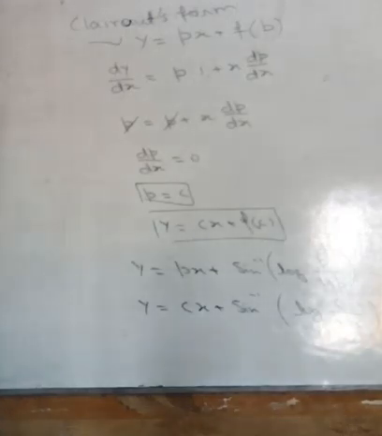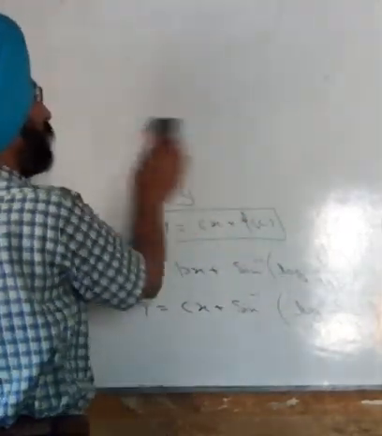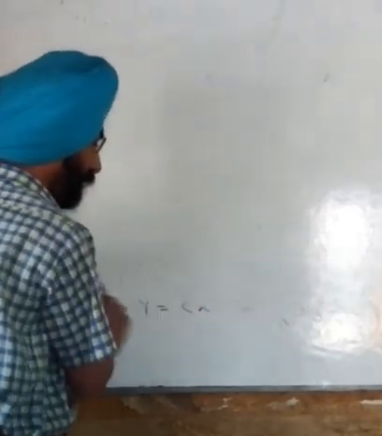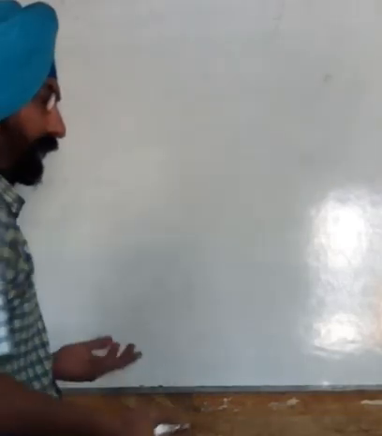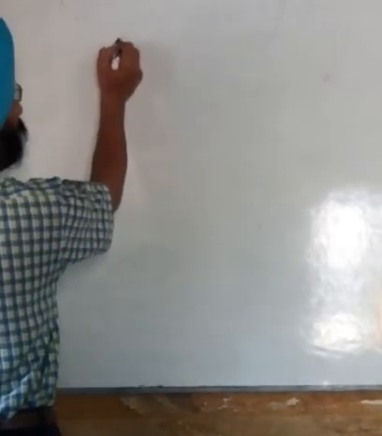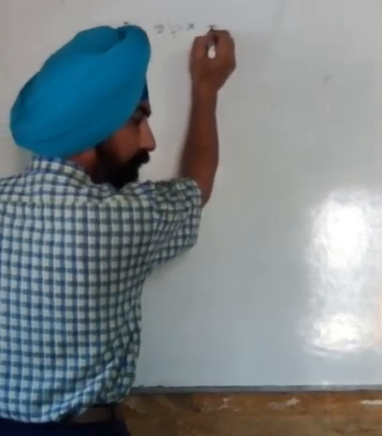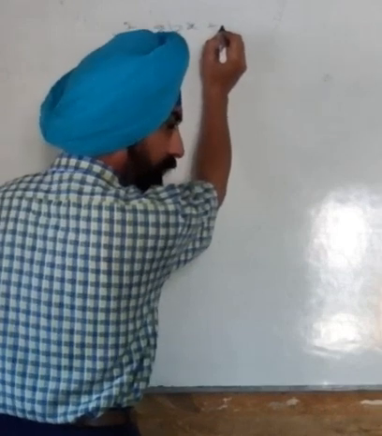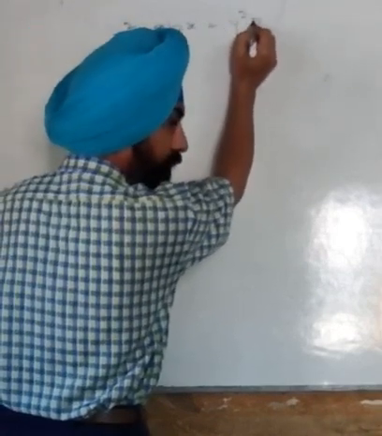Now, some differential equations are not directly in Clairaut's form, but they can be reduced to Clairaut's form. One such example we can take is y square is equal to 2pxy plus y square p square.